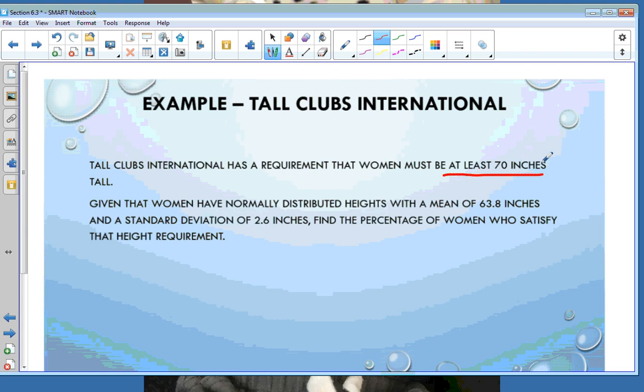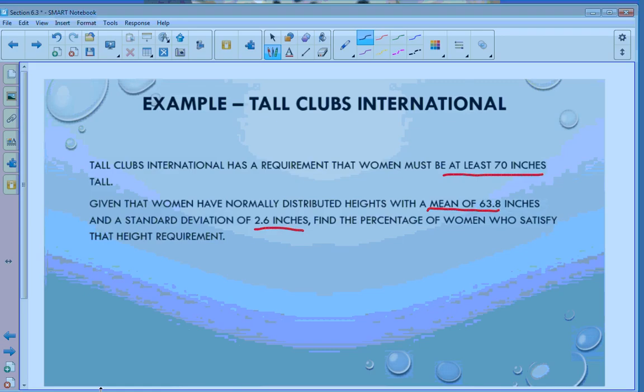Given that women have normally distributed heights with a mean of 63.8 inches and a standard deviation of 2.6 inches, we're going to find the percentage of women who satisfy the height requirement so that they could be in the Tall Clubs International. So first, just like we did in the last section, we're going to draw that normal curve.